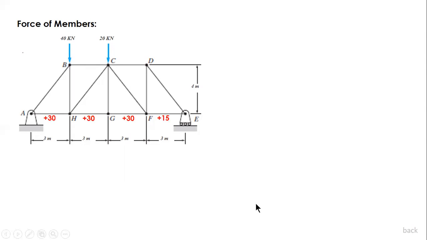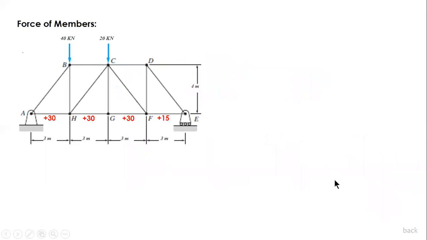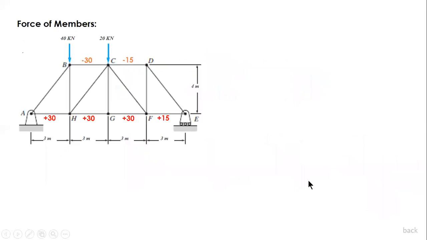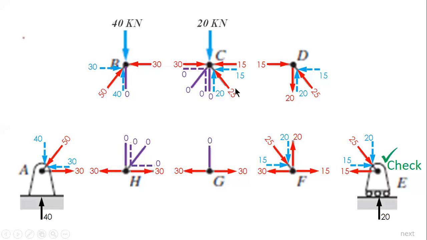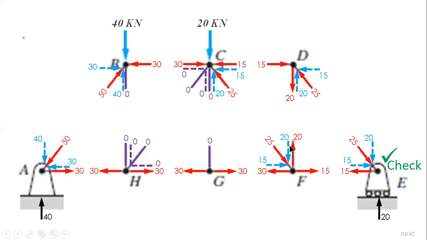And then top chord, members, compression 30, compression 15. And then next, zero force members, tulo. And then diagonal members, AB, CF, DE. Negative 50, negative 25, negative 25. And then last is member DF, positive 20.